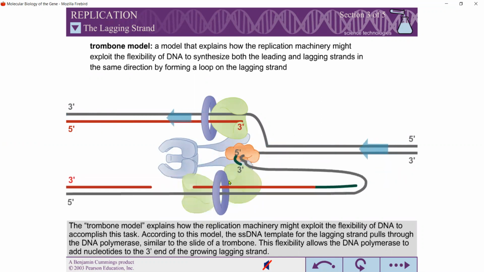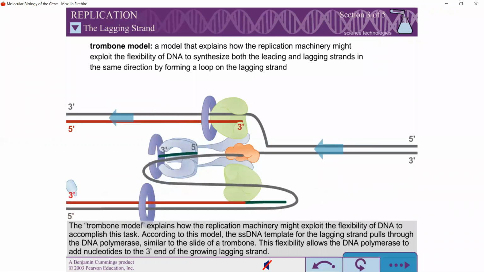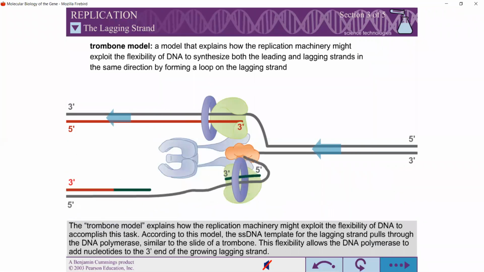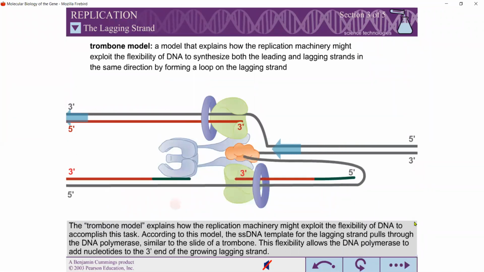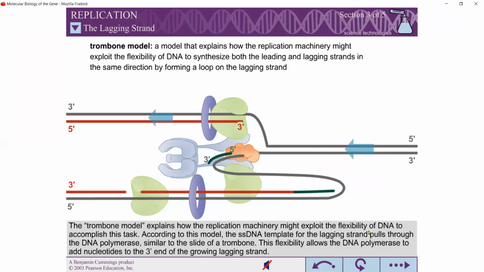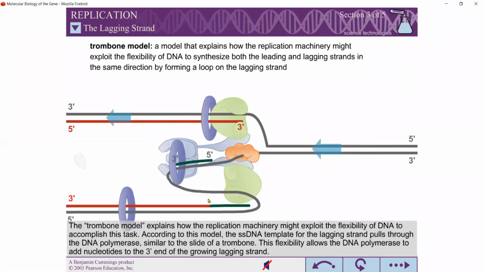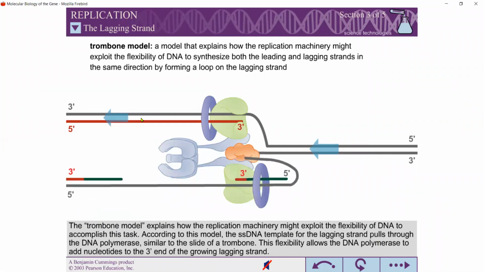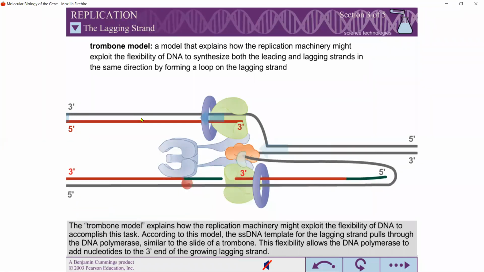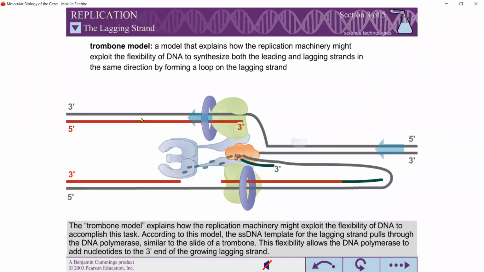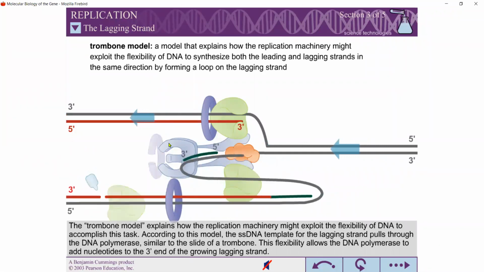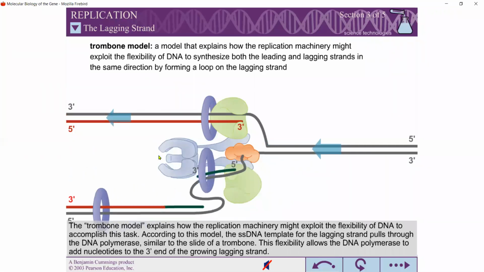Just one thing to be noted, when the sliding clamp is being picked, see once more, the leading strand is halting for few seconds. For the polymerase, check once more, it's being picked, it's halting.